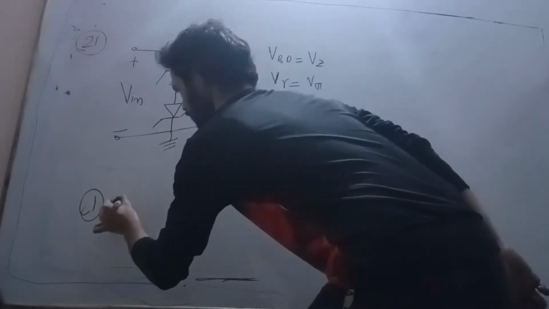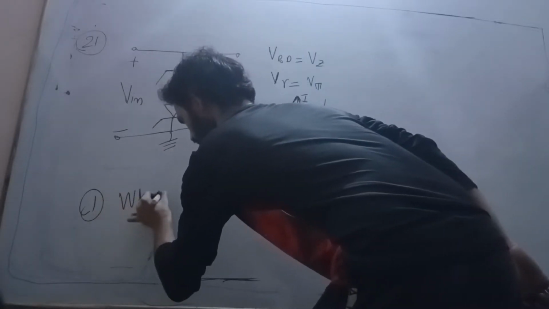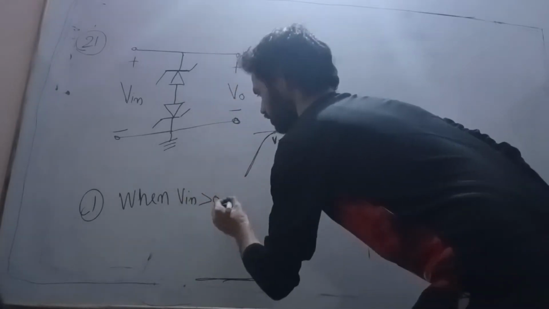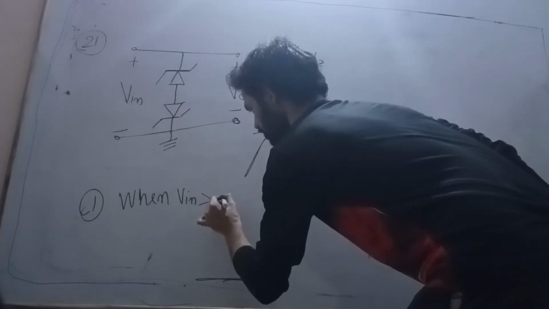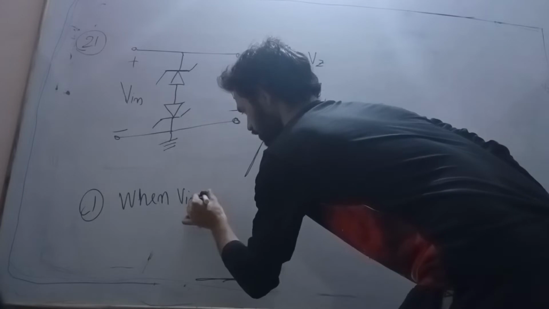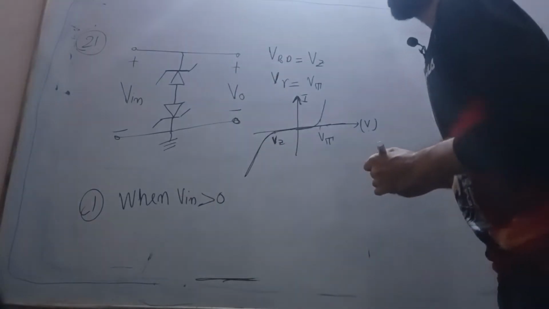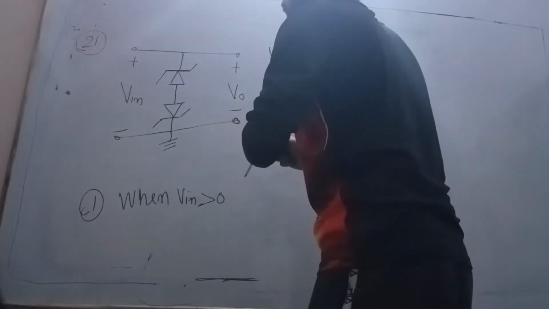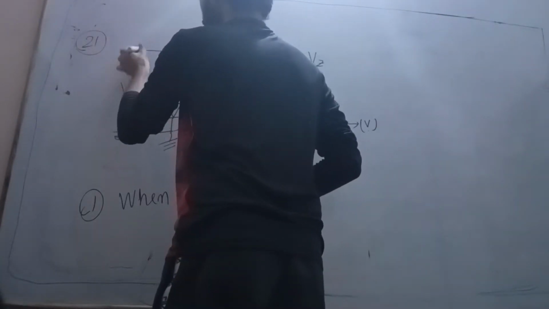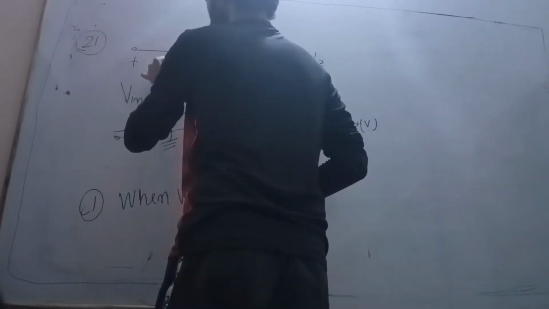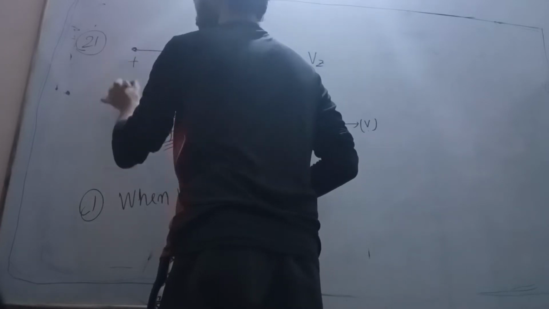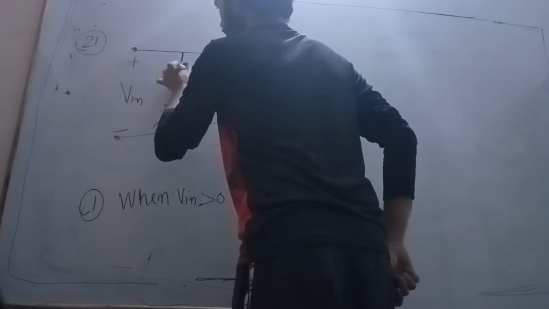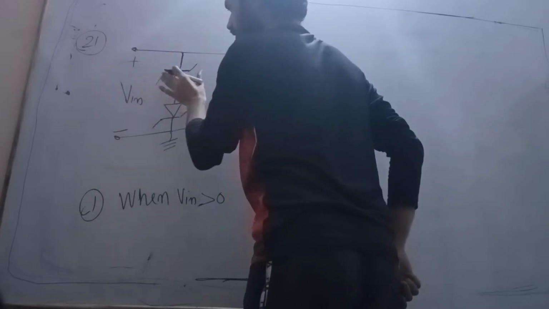Case first, when Vin is greater than 0 volt, when Vin is greater than 0 means positive. When Vin is positive voltage, then what will we observe here? If it is positive, negative, opposite sign means it is reverse bias.